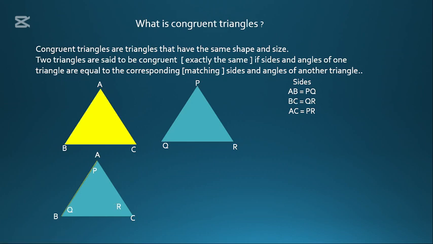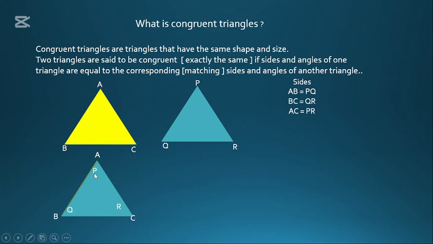So all three sides of the one triangle fit perfectly on all three sides of the other triangle, and for that reason we can say AB is equal to PQ, BC is equal to QR, and lastly AC is equal to PR. Now what about the angles?